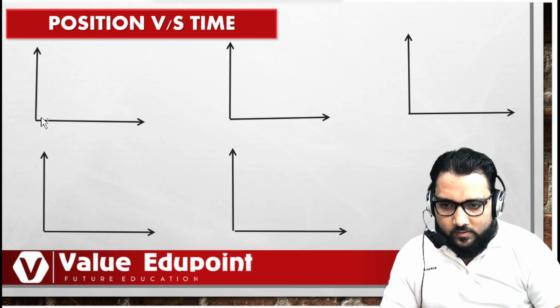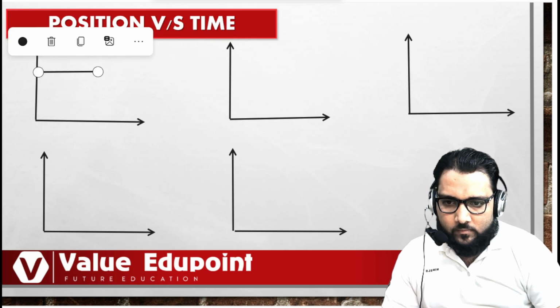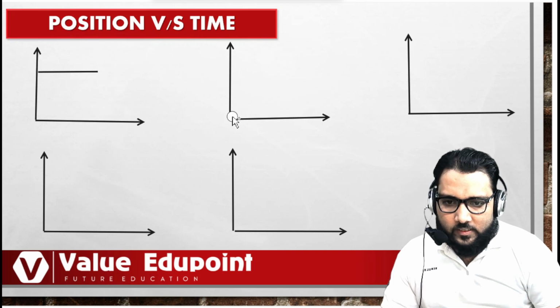First of all, the graph is constant. Second case, the graph is a straight line.